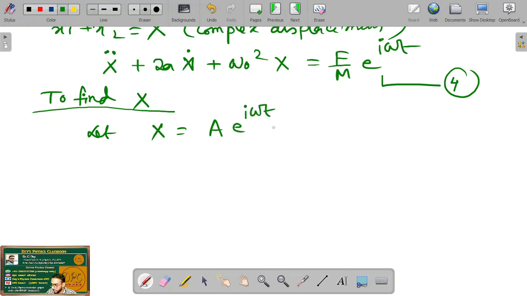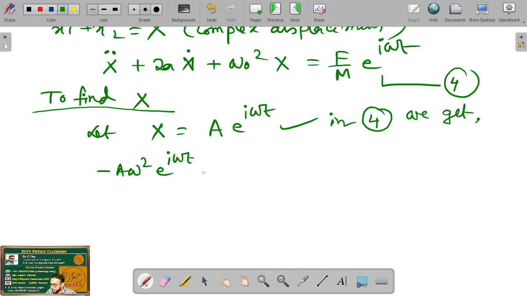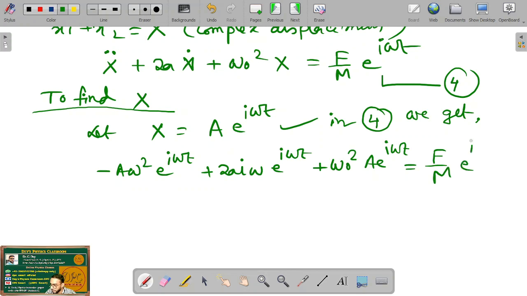If we put this value in equation 4, we will get minus A ω² e to the power iωt plus 2a iω A e to the power iωt plus ω0² A e to the power iωt equals F by m e to the power iωt.